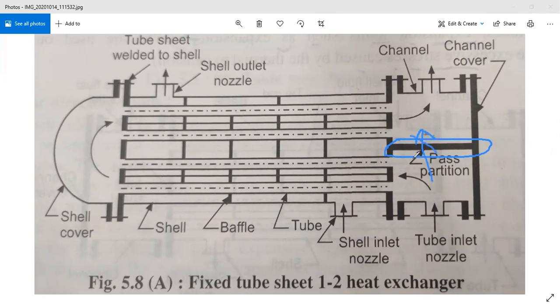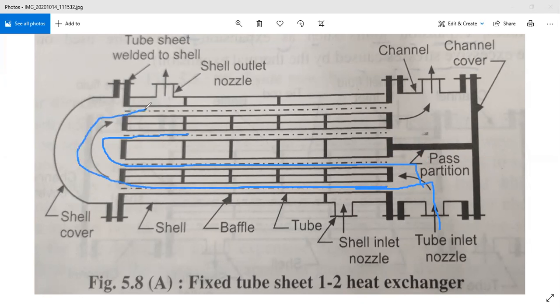So it is not possible for the tube side fluid to pass directly in this direction. This pass partition or metal part is going to direct this tube side fluid to pass in such a way, right? So this tube side fluid is going to pass in this way.